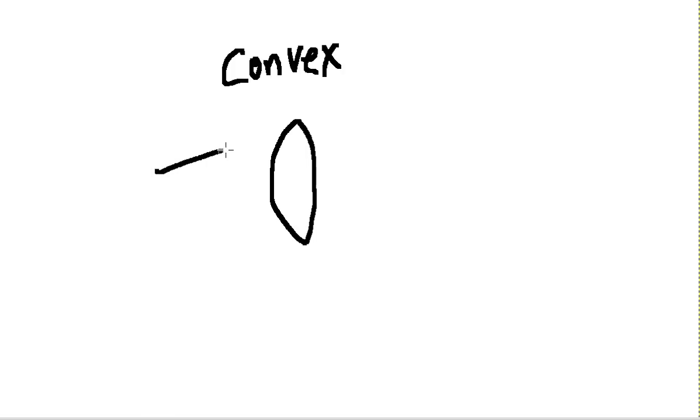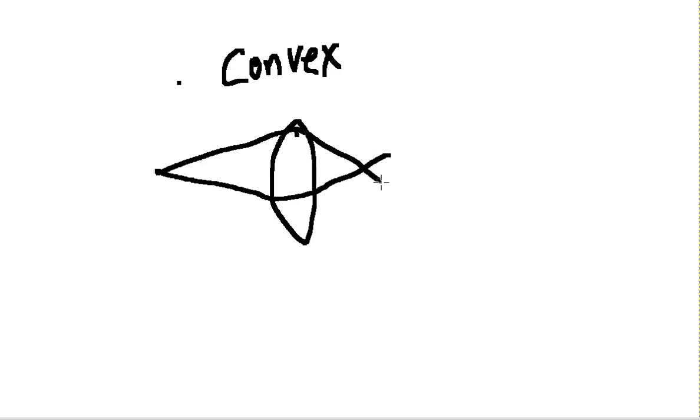So you have light rays leaving a specific point, moving in a straight line. Actually, let me get rid of that last one. So what happens when they pass through this thick piece of glass is they bend, and they bend inwards.